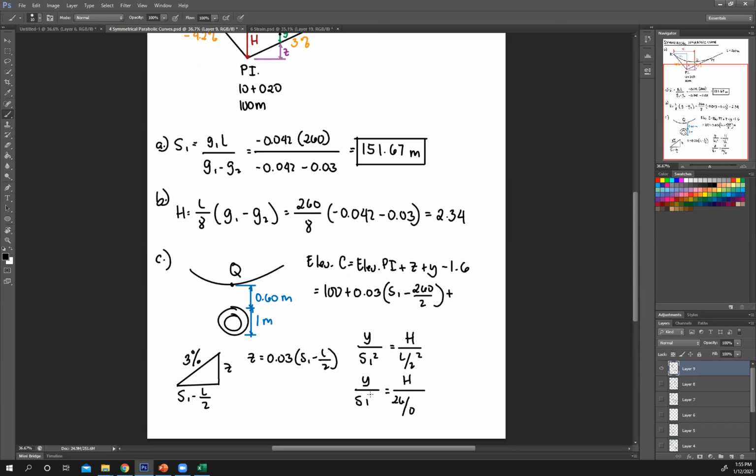So 260 over 2, squared. Therefore, somebody solve what's Y? Considering S1 is 151.67 and then H is 2.34.